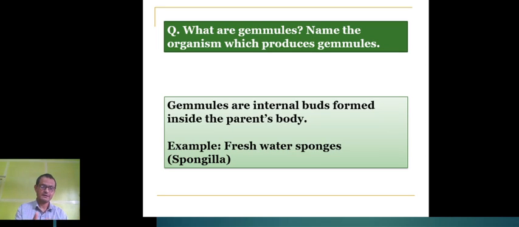As you have learned earlier, in Hydra the bud is produced, but that bud was external. So what are gemmules? Gemmules are internal buds formed inside the parent body. The best example of gemmules is the freshwater sponge known as Spongilla.